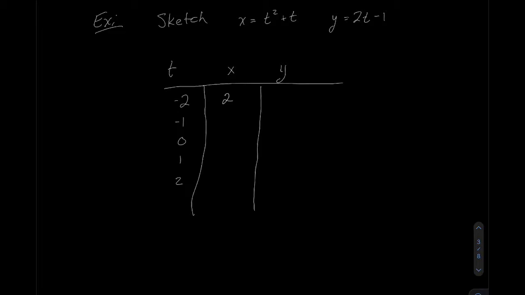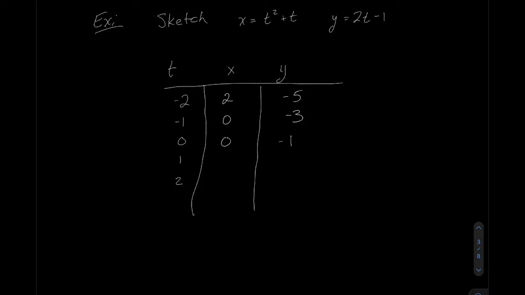So when t is equal to negative 2, x is going to be 4 minus 2, or 2, and y is going to be 2 times negative 2, which is negative 4, minus 1, so y is negative 5. When t is negative 1, then x is 1 minus 1, or 0, and y is going to be 2 times negative 1, which is negative 2, minus 1, or negative 3.